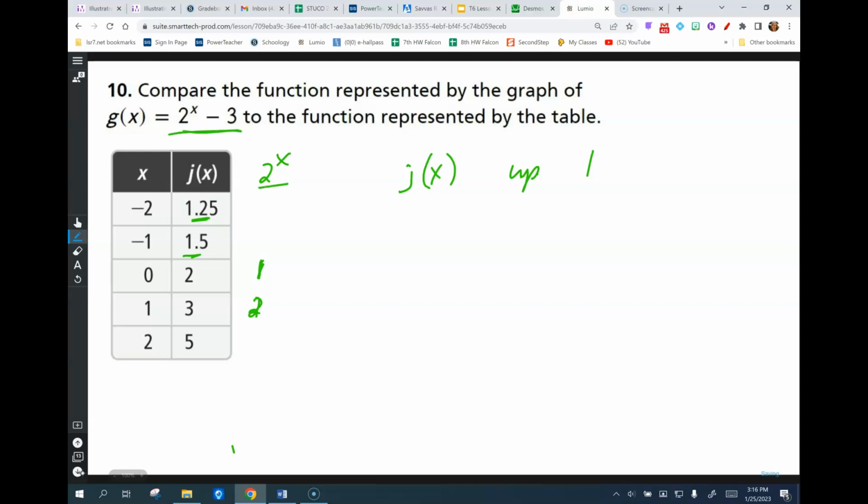Now this one here shifts down 3. So if I compare these two, I'm up 1 here, I'm down 3 here, so I'm 4 up. Let's see, J of x is shifted 4 above G of x.